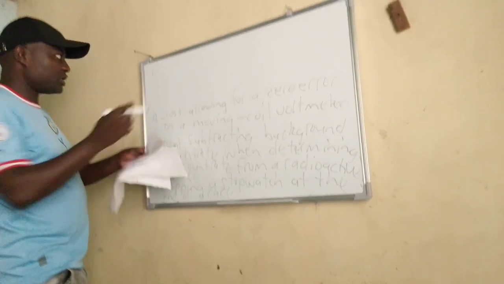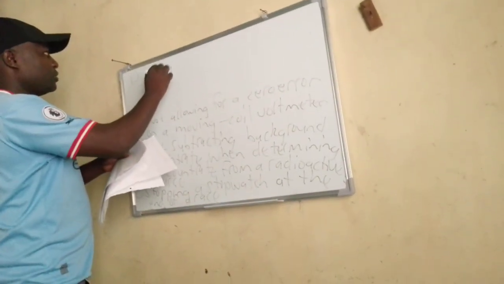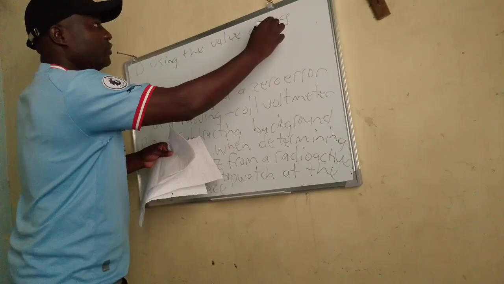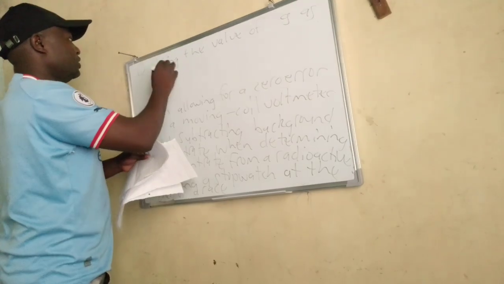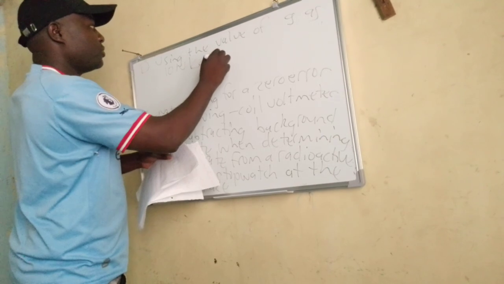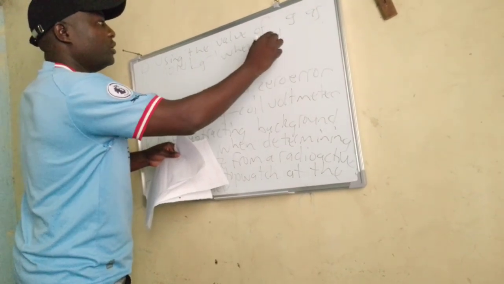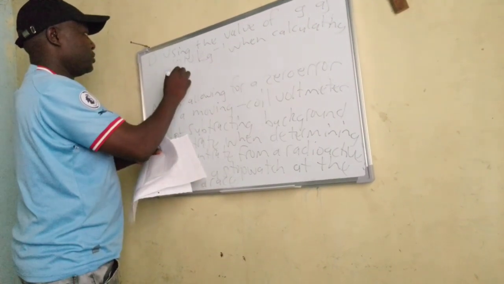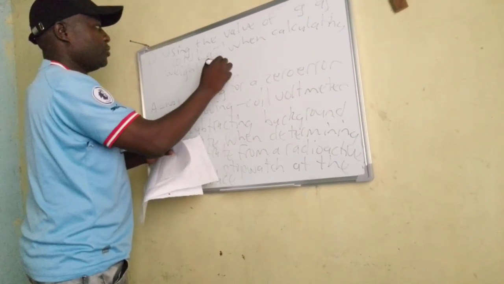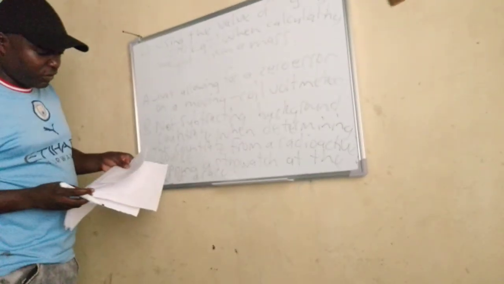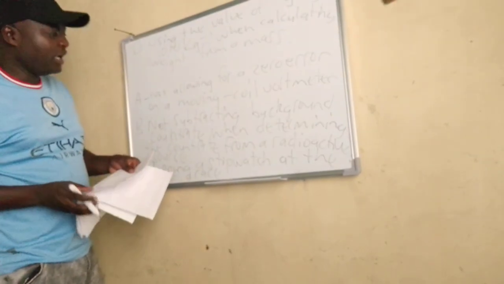Using the value of g as 10 newton per kilogram when calculating weight from a mass. The question is saying which one of the following will involve random errors in the measurement.